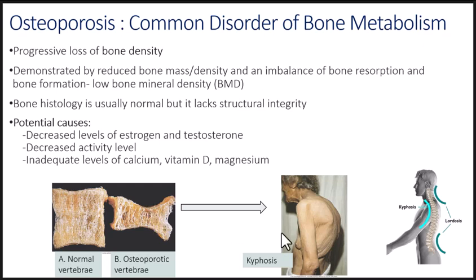And what this can do over time is cause changes in the person's posture as the vertebrae that make up the spine are compressed. So we have this accentuated kyphosis, remembering that normally the cervical spine and the lumbar spine demonstrate a lordosis, and the thoracic spine demonstrates a kyphosis. This is an accentuated kyphosis in somebody with osteoporosis, and you can even see that now their neck has also lost its normal lordosis.